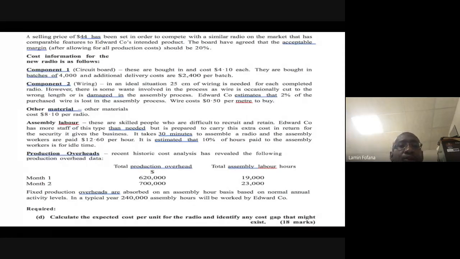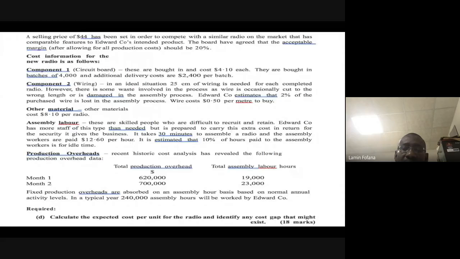Okay, so we move. The last part is the production overheads. Recent historic cost analysis has revealed the following production overhead data: total production overhead and total assembly hours for month 1 and month 2. If you see something like this where you are given two or more periods, you must always put one thing into consideration.